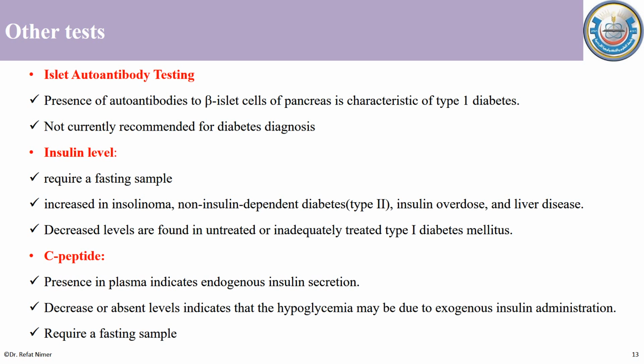C-peptide tests help to differentiate between type 1 and type 2 diabetes. With type 1 diabetes, your pancreas makes little to no insulin, and little or no C-peptide. While in type 2 diabetes, the body makes insulin but doesn't use it well. So this can cause C-peptide levels to be higher than normal.